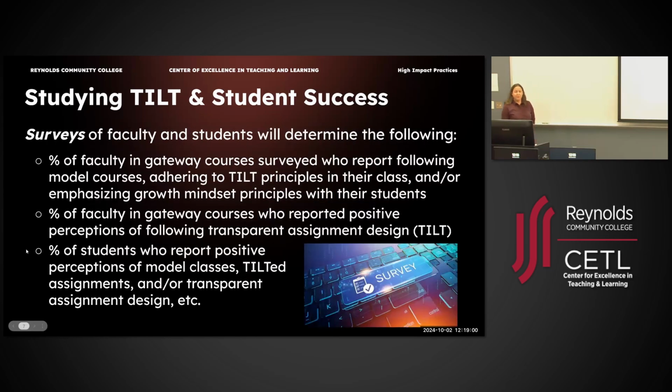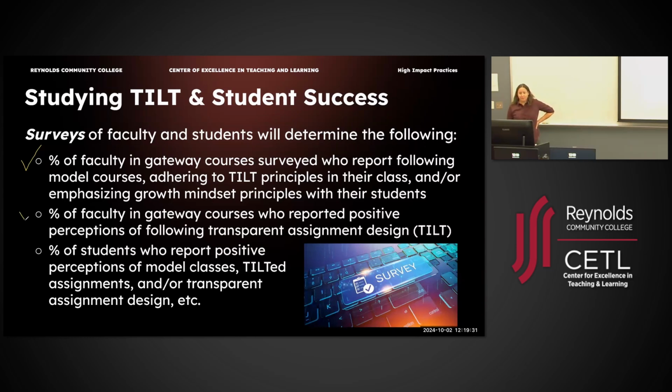Okay, so when we're thinking about surveys, other things that surveys might look for, and again, these might be coming from the college, these might be the type of questions you might want to ask your own students for your own purposes. But the college will be looking at the following, including the percent of faculty in gateway courses that are surveyed who report following model courses, adhering to TILT principles, or emphasizing growth mindset.